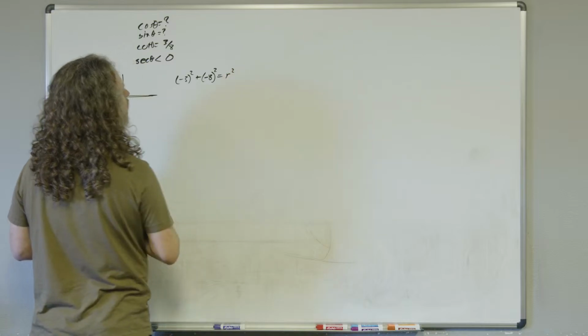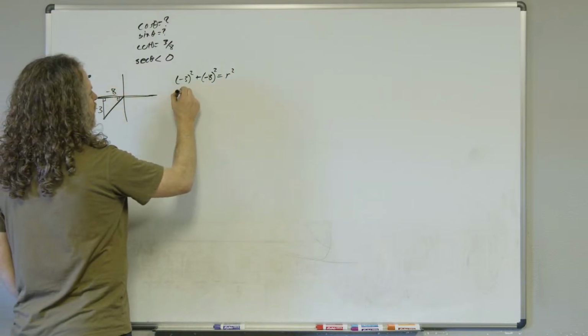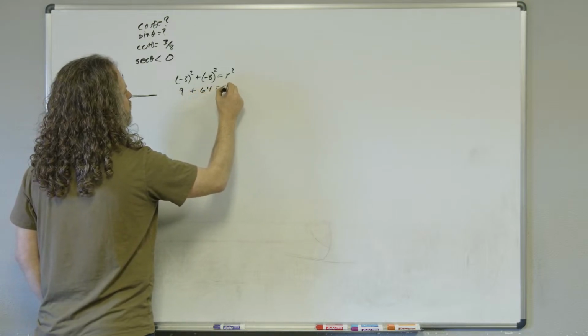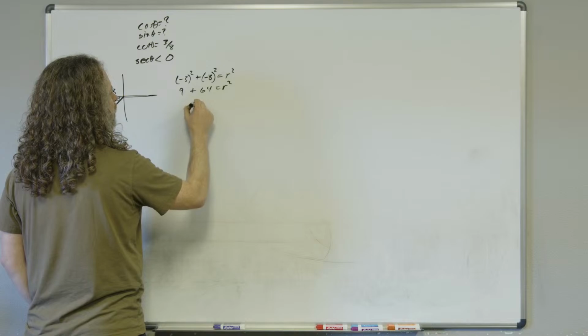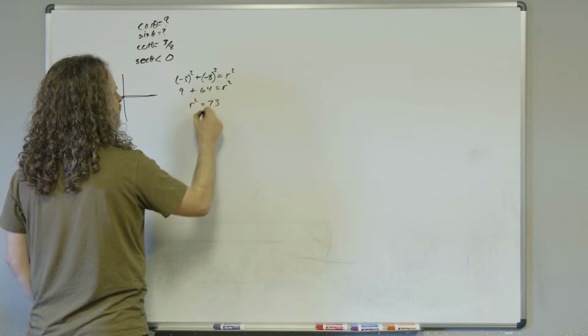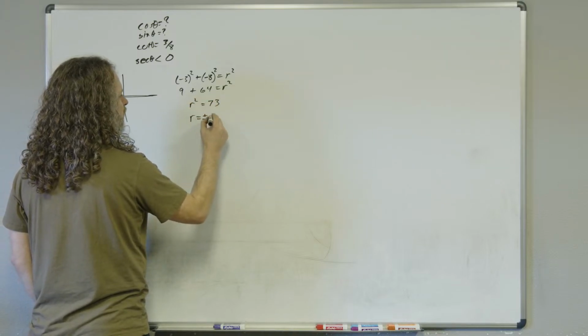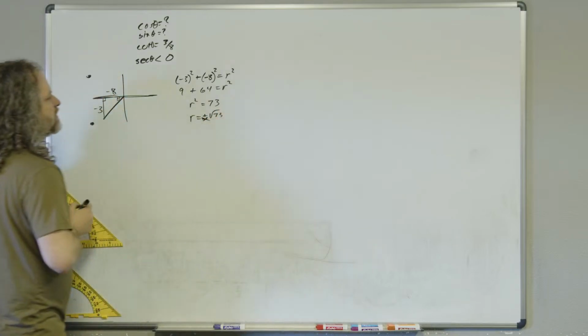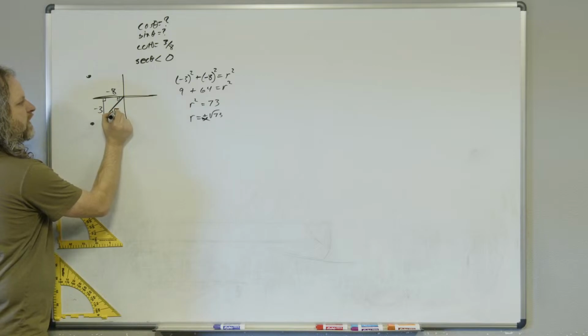What's 3 squared? 9. What is 8 squared? 64. So r squared equals 73, and r equals plus or minus the square root of 73. It's r, so we chuck out the minus. So this is the square root of 73.